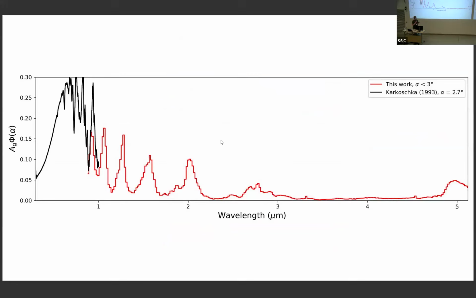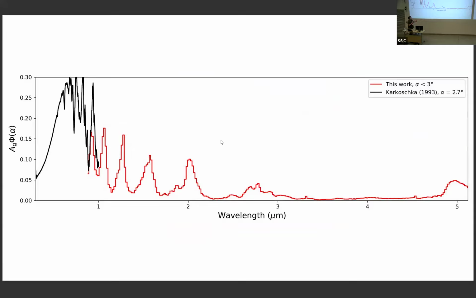Another thing that we can do is we can take observations of Titan that are at very small phase angles, and we can use that to approximate the geometric albedo of Titan. So in this plot here, wavelength is on the x-axis, that approximate geometric albedo is on the y-axis. Our values are in red.